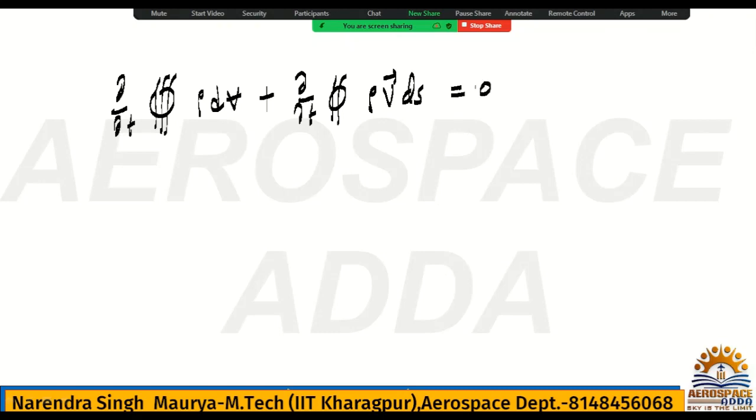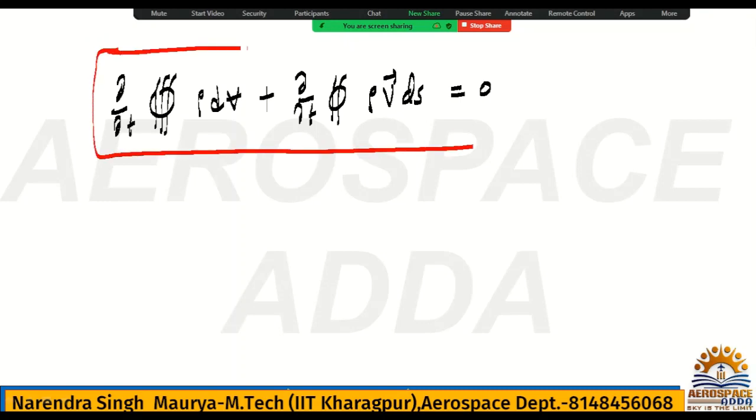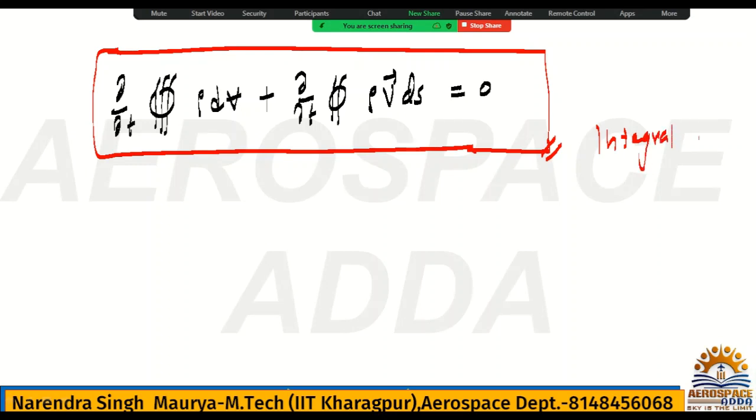This is the vector integral form, right? This is the continuity equation in integral form. Fine. Okay, in integral form, yes or no?